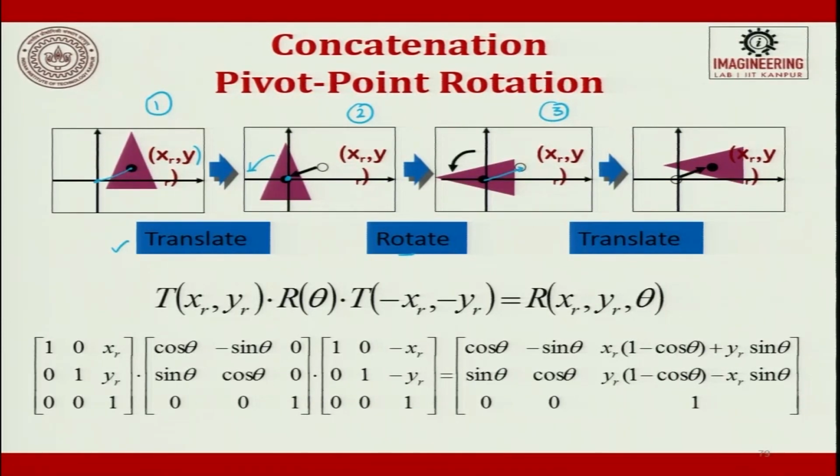In concatenation you already know we solve it from last to first. So, here the translation matrix is the x, y translation matrix into the rotation, and then you have a translation back to the point. So, this is the final matrix: translation, then rotation, then translation.